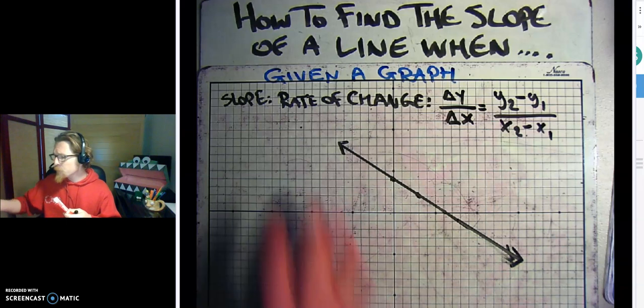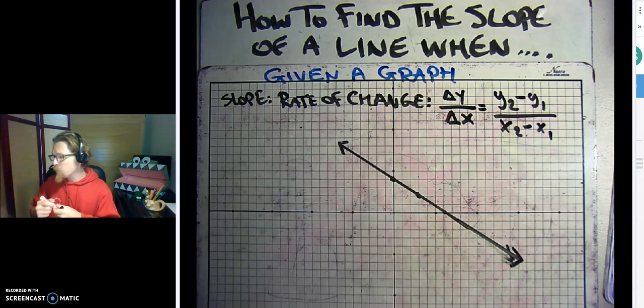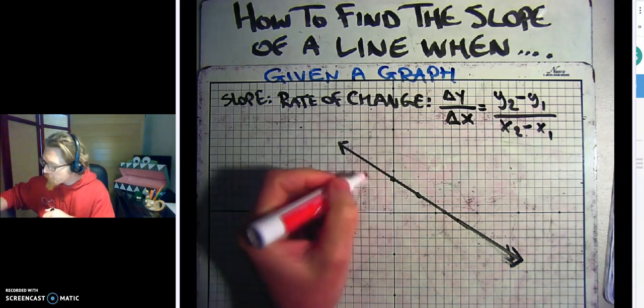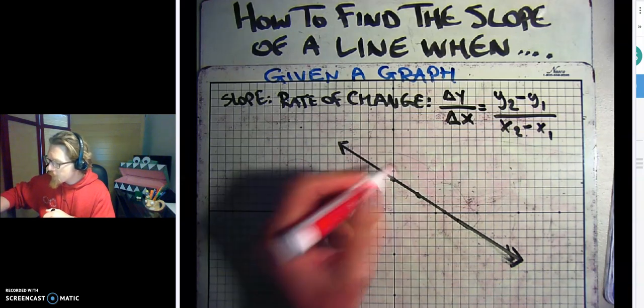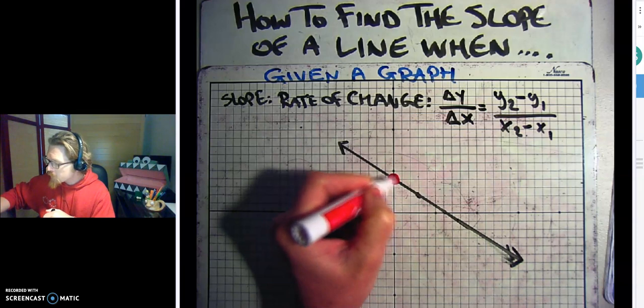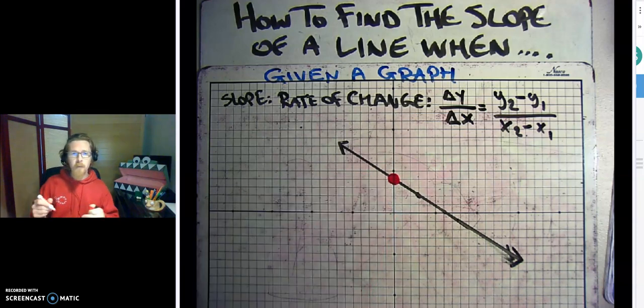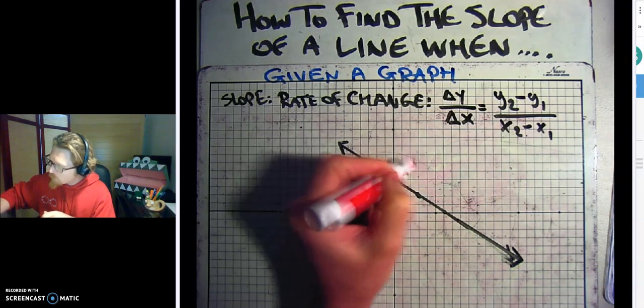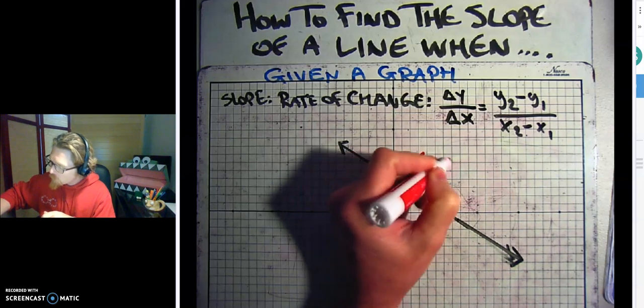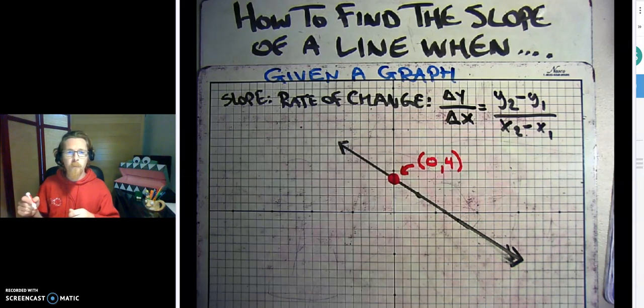To identify 2 points, one of the ways is to look for where the line crosses good integer values, meaning whole numbers. I notice the y-intercept really does seem to cross perfectly at 1, 2, 3, 4 on the y-axis. So my coordinate would be (0, 4).